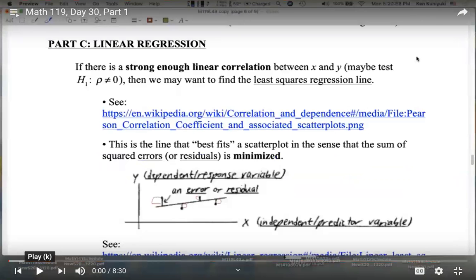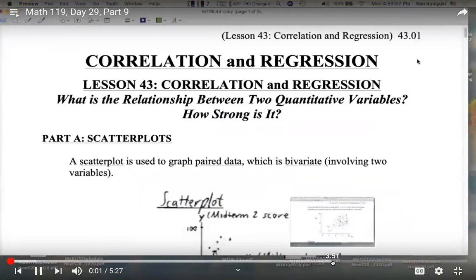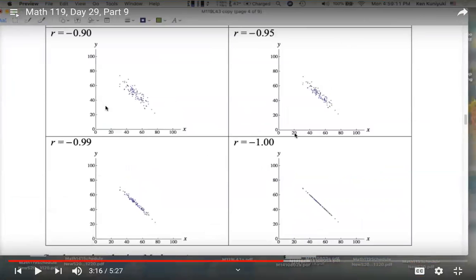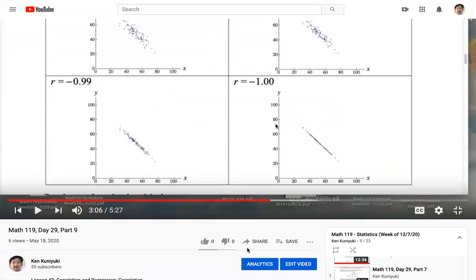As far as the correlation goes, a lot of it was about those pictures that I was showing you. Do you have a sense of what kind of picture would lead to a very negative value of R or rho, closer to 0, closer to +1, and so forth?